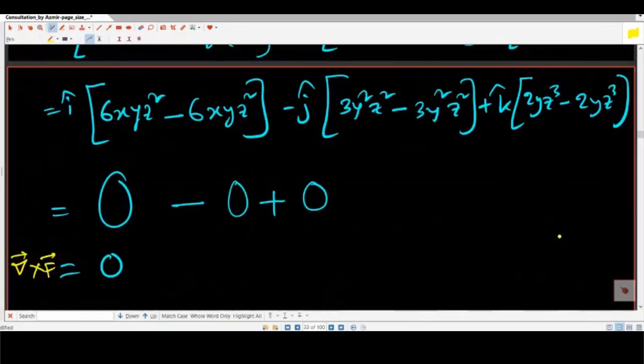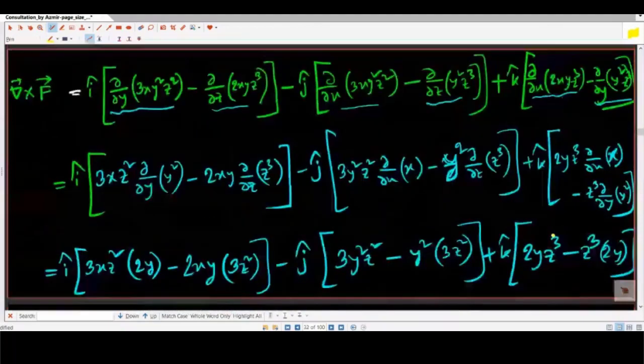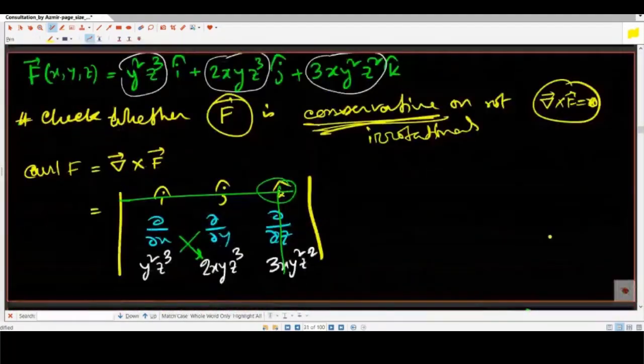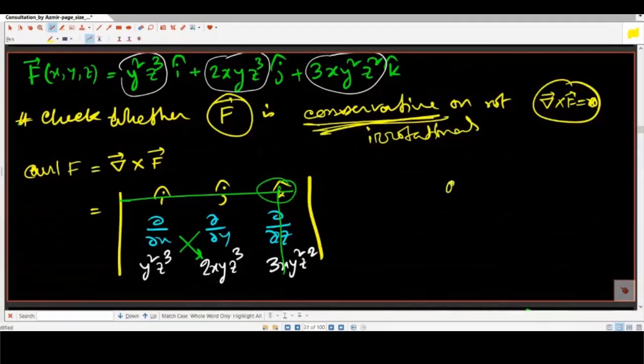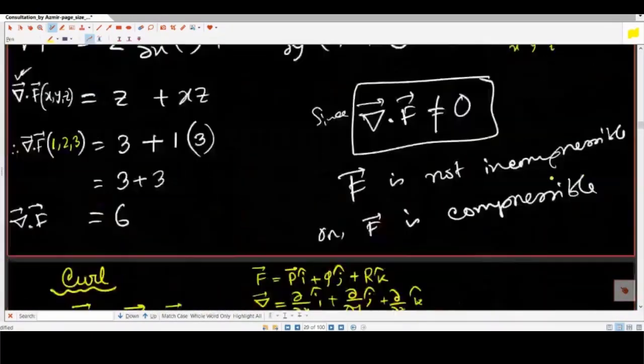So this is how we can find the curl. We can also find the curl of any function at any point x comma y comma z, let's say 1 comma 2 comma 3, like whatever we have done in the previous problems.